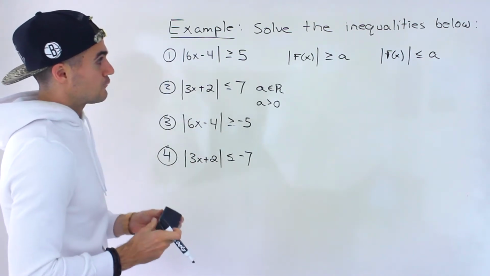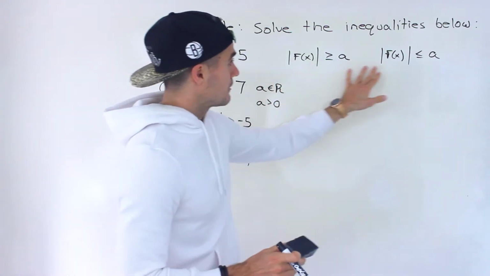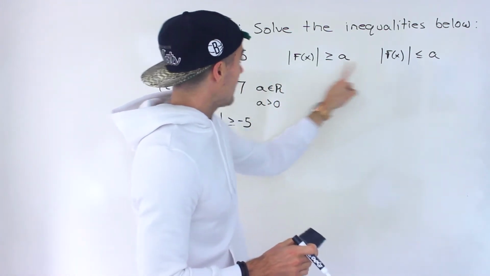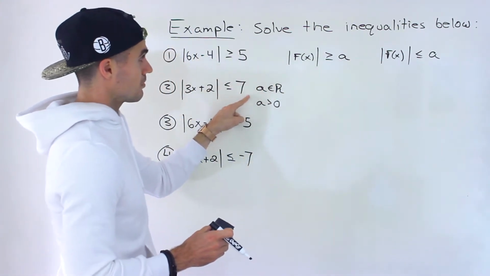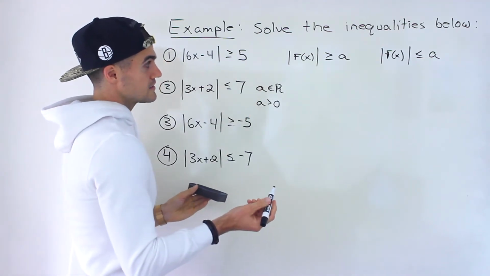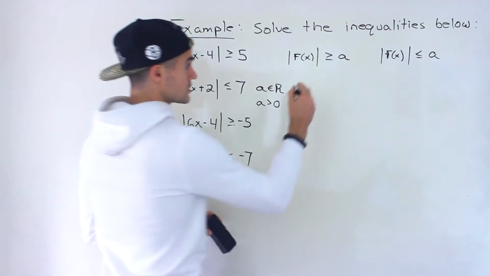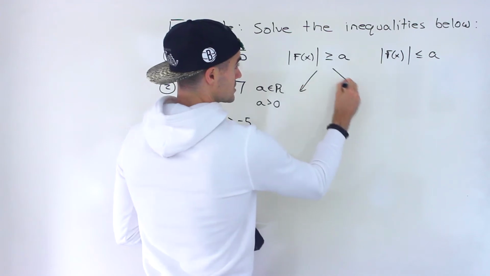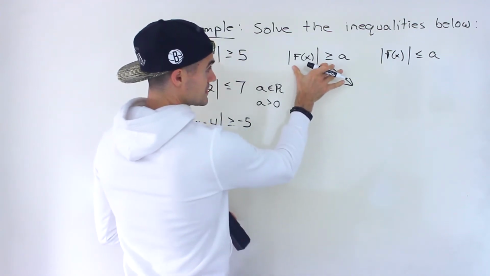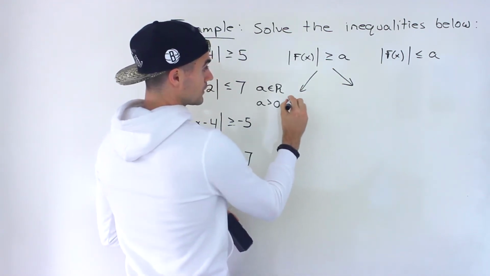So if we're looking at something like this here, and that a value is positive, the way that you get the solutions is you pretty much want to split this inequality into two separate inequalities.